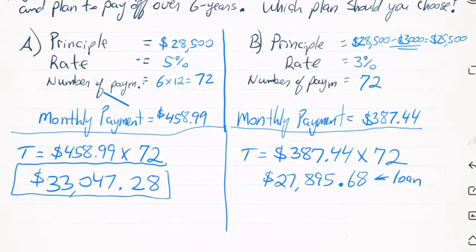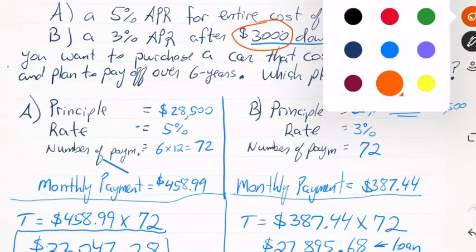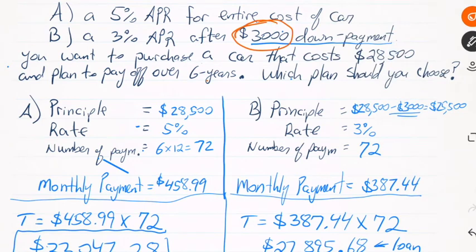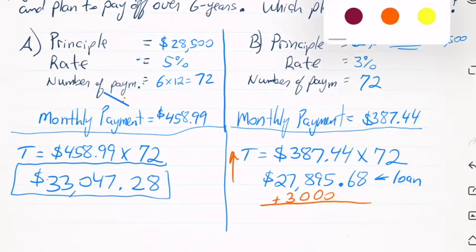To account for the car, we need to go back up to the top here and worry about this $3,000 deposit, or down payment. So we're going to have to add on this $3,000 that we also paid towards this car to come up with its final total payment.